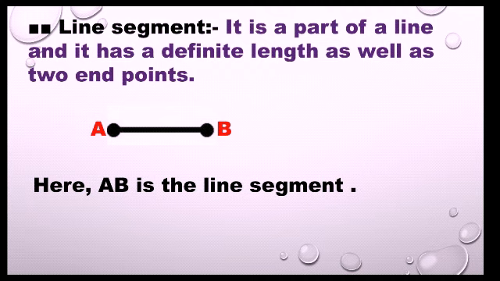In the picture, AB is the line segment. One more thing is that a minimum of 2 points are required to draw a line segment, but in a line there are infinite numbers.